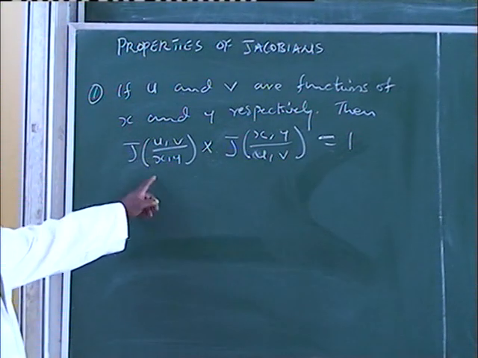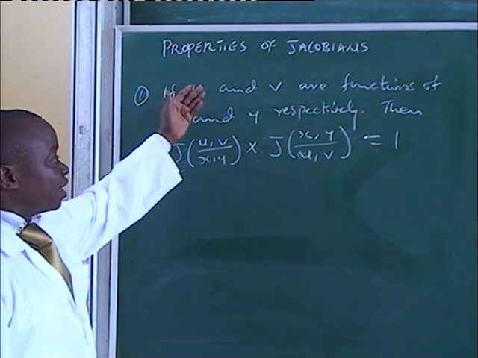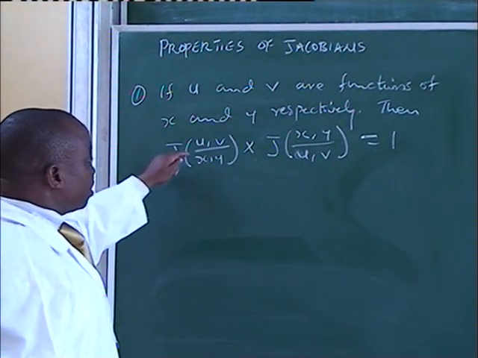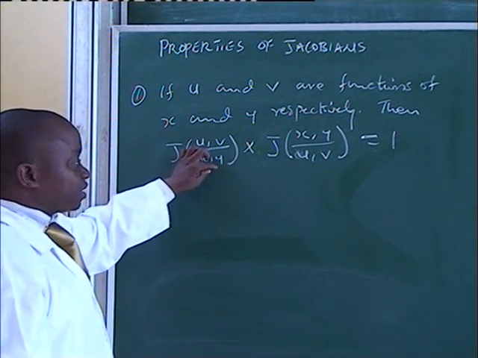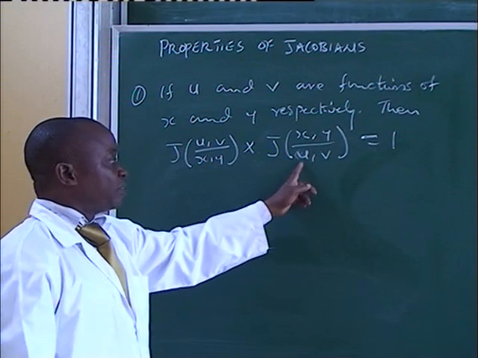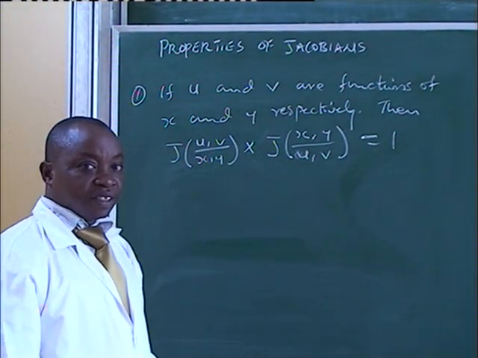Now look at this property. If u is a function of x, y, and v is also a function of x, y, and you take the Jacobian of u and v with respect to x, y times the Jacobian of x and y with respect to u and v, then the result will give you 1.